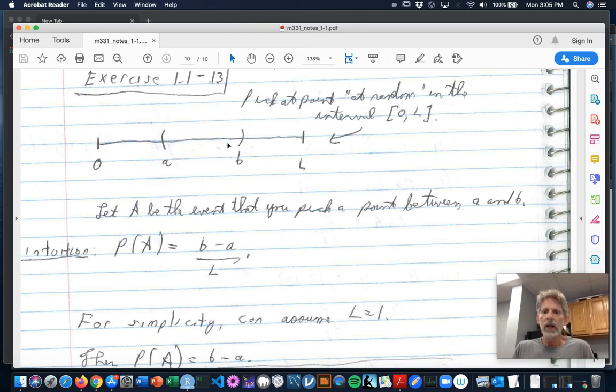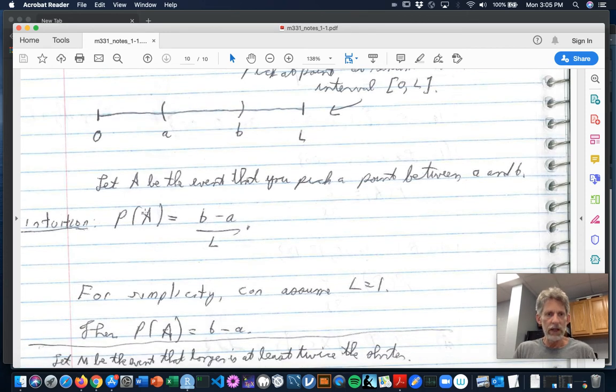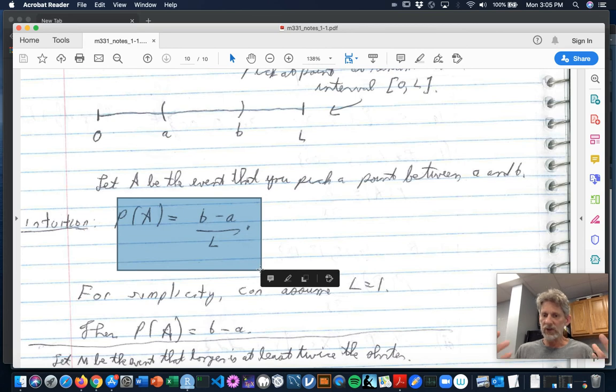Okay. Well, if all the points are equally likely to be picked, it seems to me that it should be the length of this interval divided by the length of the entire interval, right? The chance of landing in this interval should be this length divided by this length. That's my intuition at work. So here's my intuition as a formula.